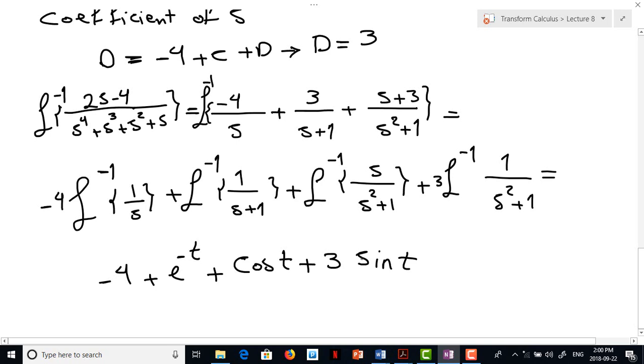The only mistake that I made here: we have 3 over s squared plus 1, so I have to consider 3 here. So the Laplace inverse of the function is equal to minus 4 plus 3 times e to the power of minus t plus cosine t plus 3 sine t.